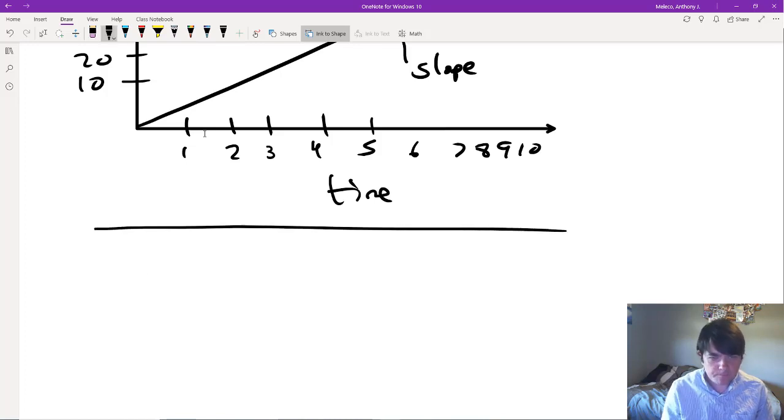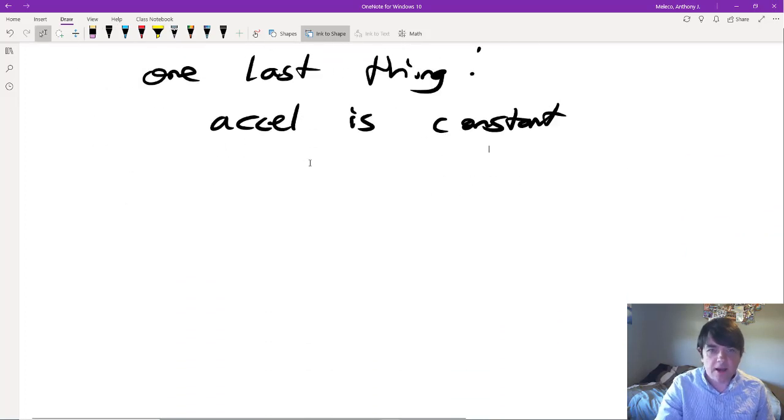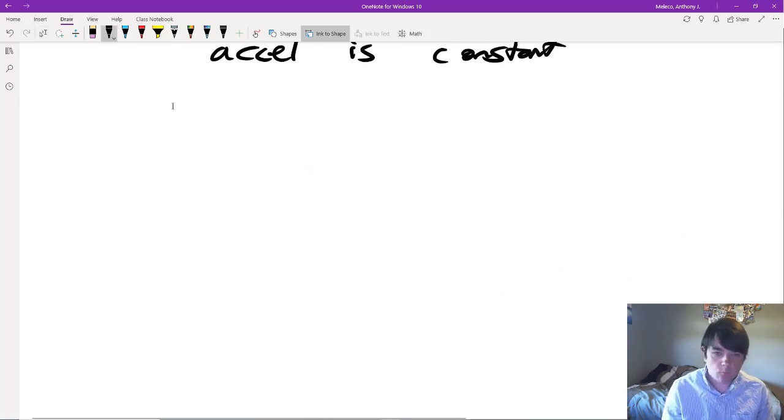One last thing I want to talk about harkens back to what I said about acceleration. I said before, accel is constant, okay? And the reason is that if position looks like this, velocity will look like this.